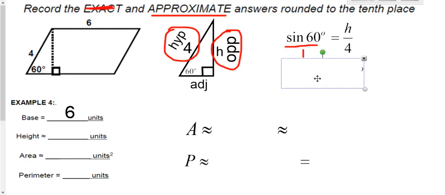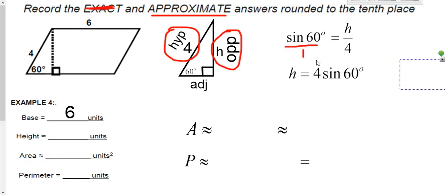So we'll do that step now. 1 times h is the h. 4 times the sine of 60 goes on this side. Remember, put the 4 first, times the sine of 60. So it's solved for h. h equals 4 times the sine of 60 degrees, which rounded to the nearest tenth, check that, will round to 3.5. So the height of this is 3.5 units.